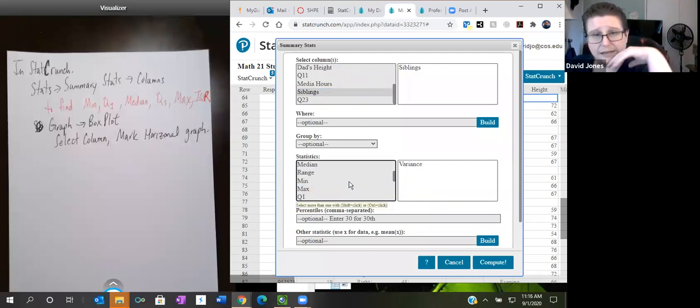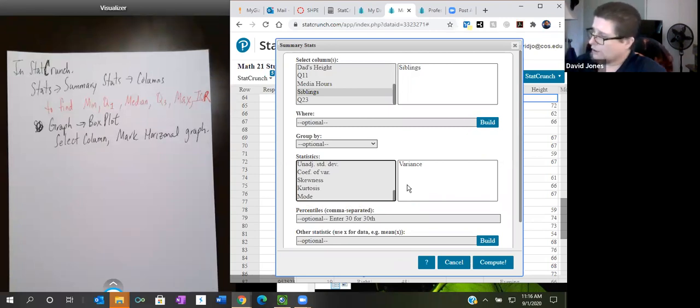That's not it. We've got standard error, median, range. Range was max minus min. Remember, we talked about that in the last episode. Nope. Doesn't show the fences. So you can't find the fences there.